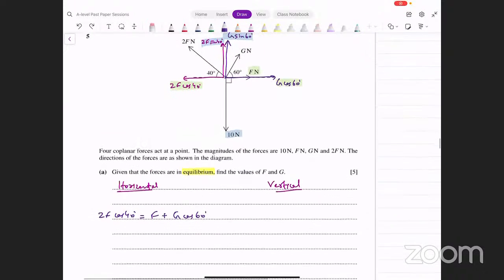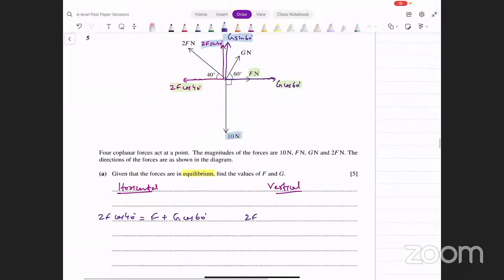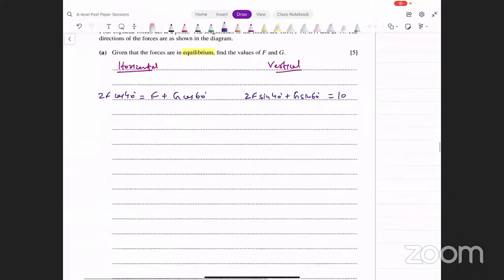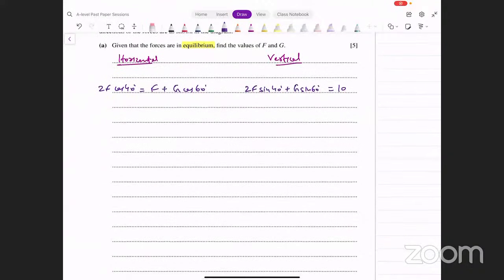Okay, so there's this force F here as well. Vertically, we have 2F sine 40 plus G sine 60, and that equals 10. Okay, these are the forces. Now let's simplify this. Cos 40 हमारे पास क्या होता है? 2 cos 40, it gives me 1.5321 into F. That equals F plus G cos 60.